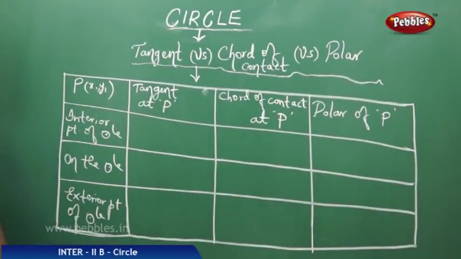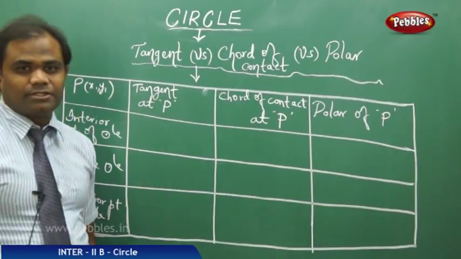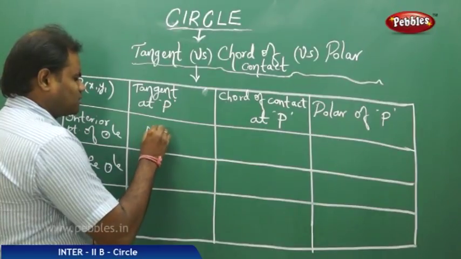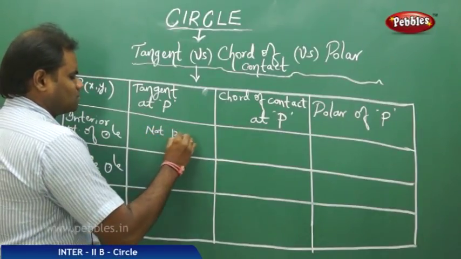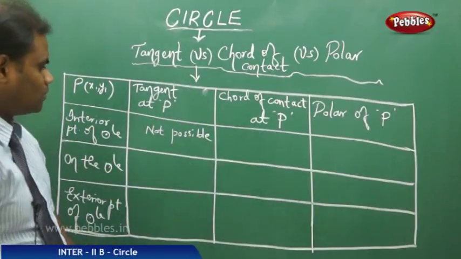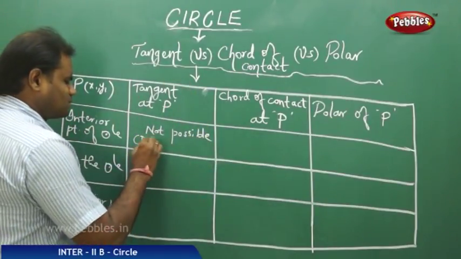where tangent at P, say for example, if I take a point inside the circle, we know that a tangent is not possible. So no tangent, not possible, or does not exist.